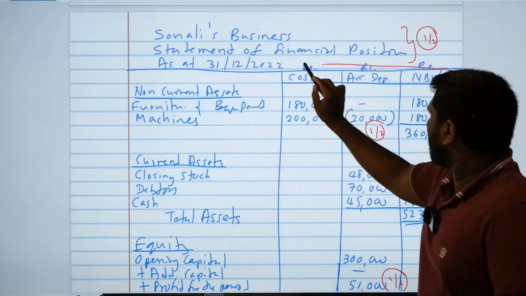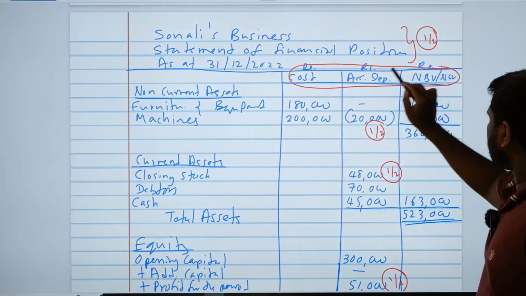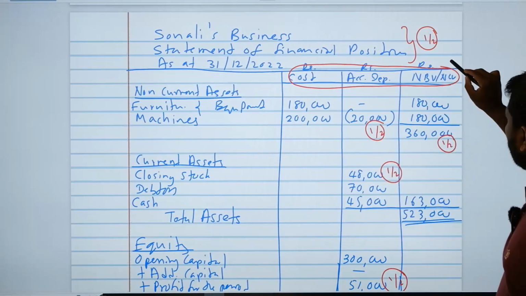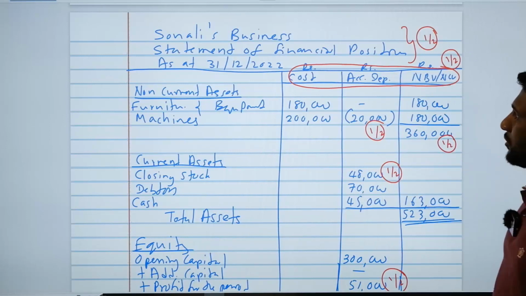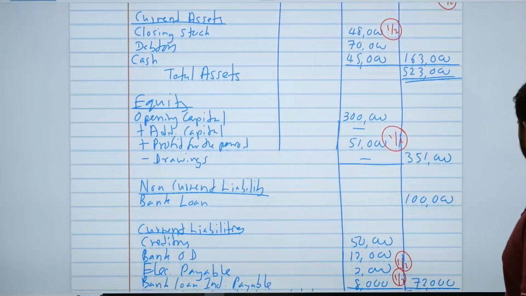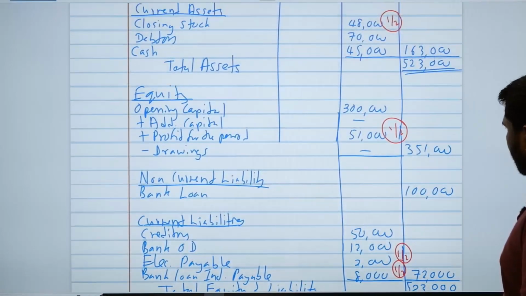Format, for this format, cost, accumulated depreciation, net book value or net carrying value, for that take half a mark. So for the statement of financial position also, you are having another 4 marks. So in total 8 marks.